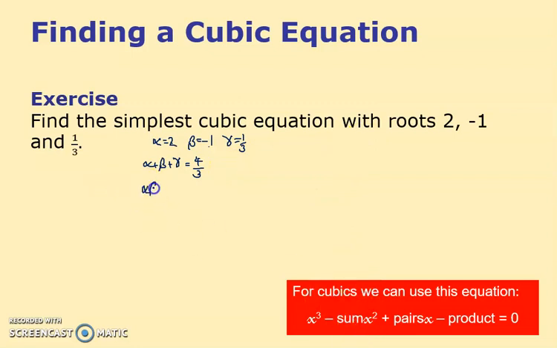So that's alpha beta plus beta gamma plus gamma alpha. So alpha beta, I think that's minus 2. Plus beta gamma, I think that's minus a third. And then a third times 2 is 2 thirds.